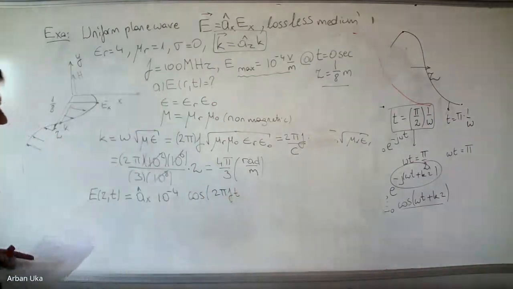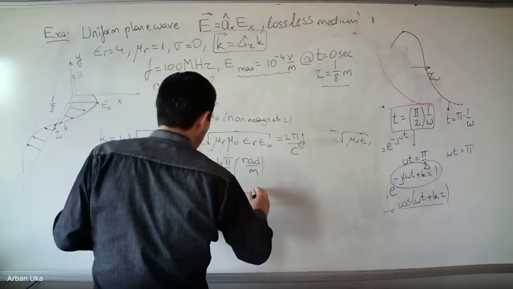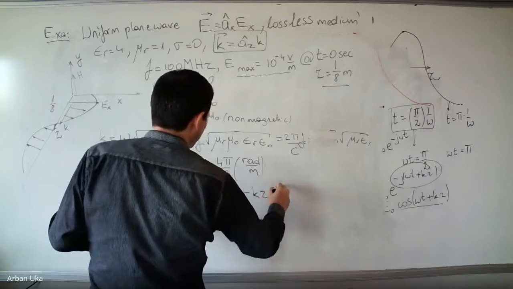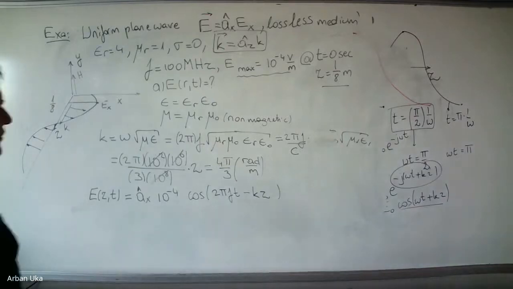This is omega t, right? Cosine omega t minus kz. Now, this is a good expression, but it might be best if we include also a phase difference.